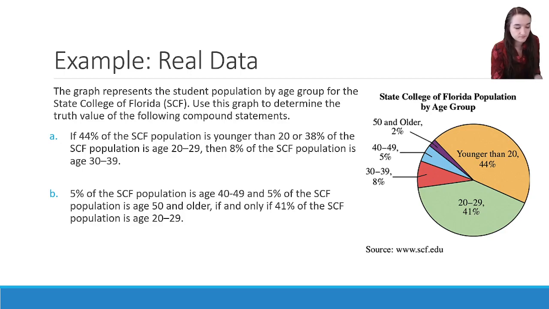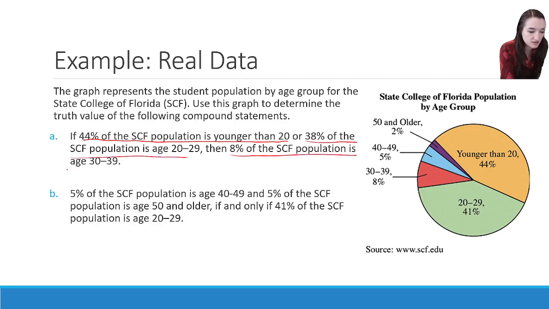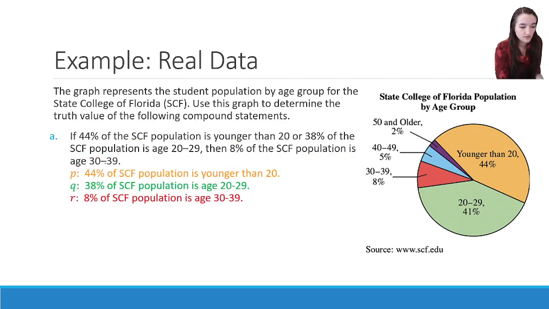Alright, so let's go through this one by one. We'll get to part B in a moment. So I'm going to break this down. We've got 3 simple statements in here. We've got the 44%, 38%, and the 8% statements. That's 3 statements like so. Now, of course, I've color-coded them to make this easier, but let's identify whether or not they are true based on the chart that's given.